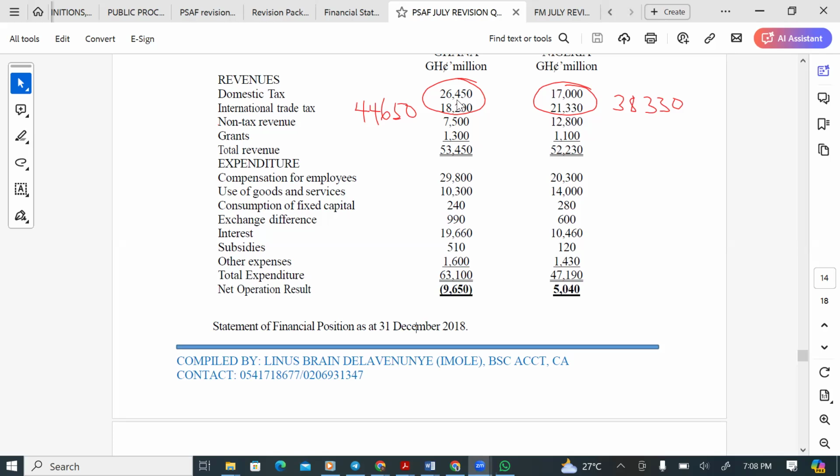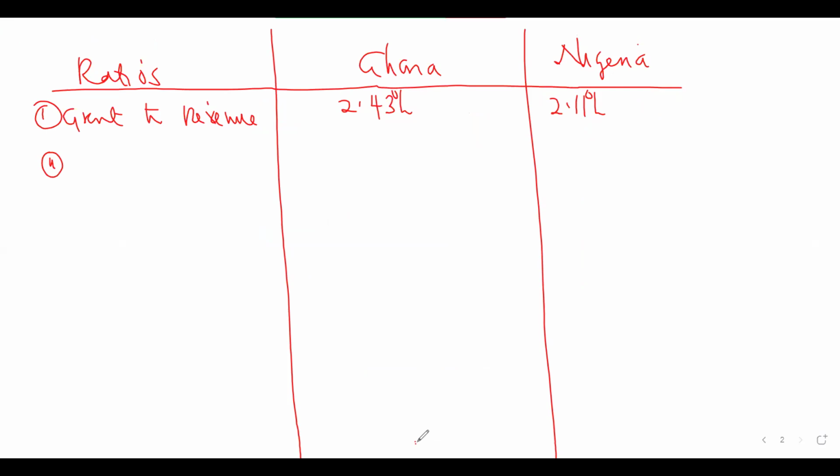So wage bill to tax revenue, 66.74 for Ghana. Nigeria is what? 52.96. Okay. So let's go to the next one.